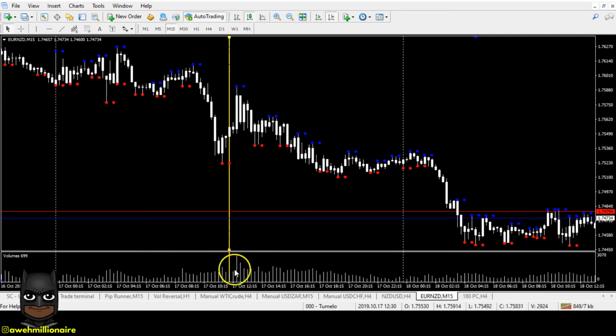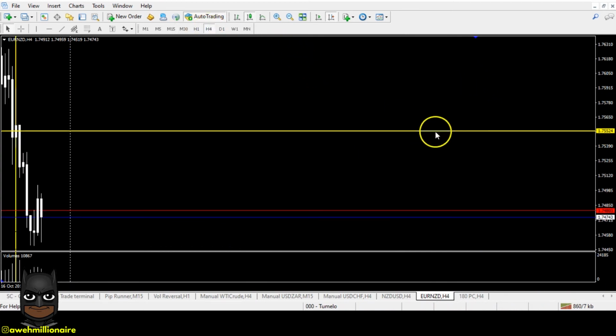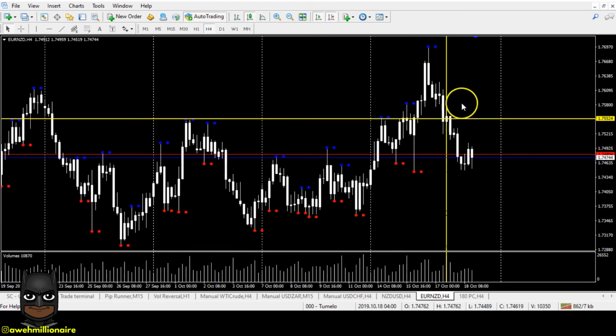Again, we're looking for obvious significant high volume, which is clear to us right over there, and we place the horizontal line on the opening price of the candle that caused the high volume. Very simple. So there's our supply level.